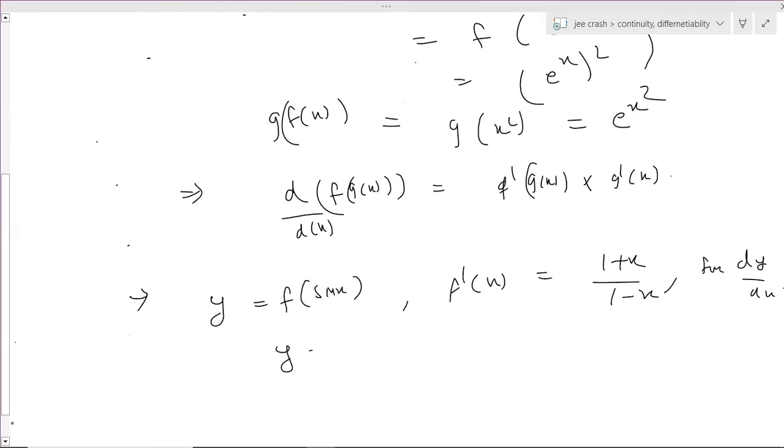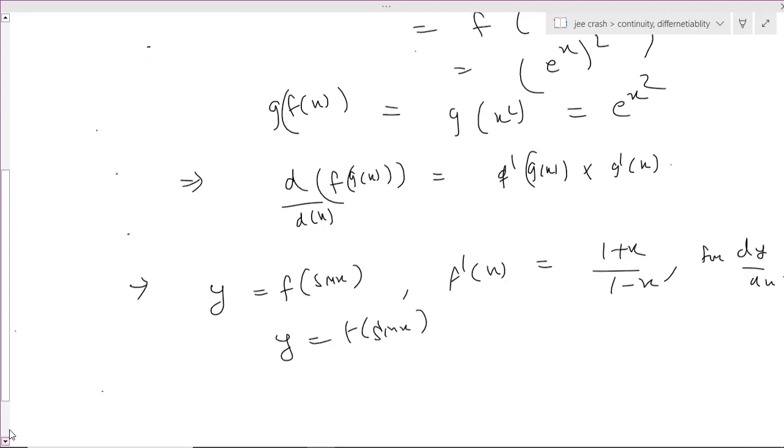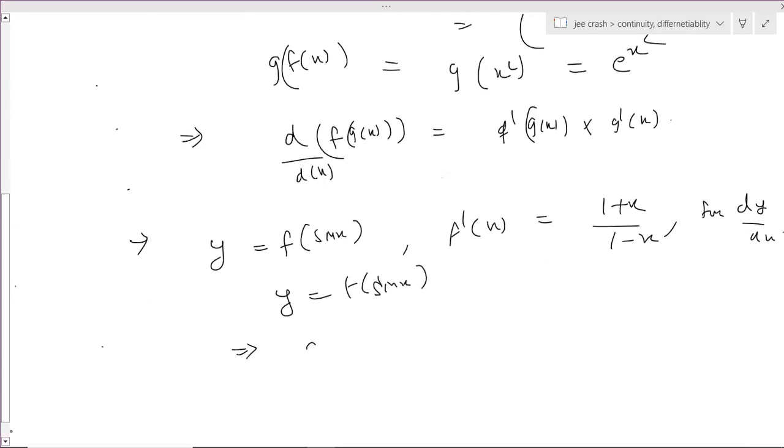Very simple, we'll write y equals to f of sine of x. If we differentiate, dy by dx will be equals to f dash sine x, right? Yes or no, everyone? Yes, sir. No, this is wrong.